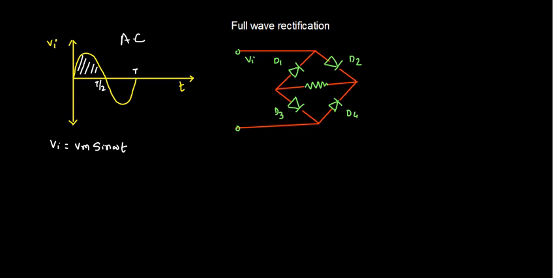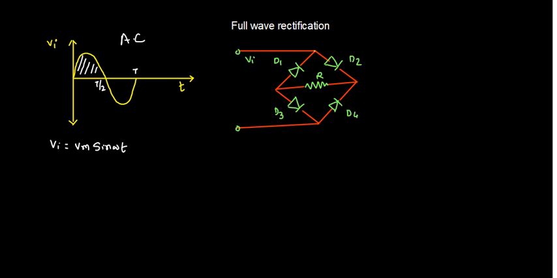If you consider this one is for the positive half cycle, for the positive half cycle, how the current will move and which diode is going to be on and which diode is going to be off, that we have to see, like we have considered for the half wave rectifier. In a similar way we will check what will happen to the diode, whether the diode is in forward bias or reverse bias. So let us see for the positive half cycle.